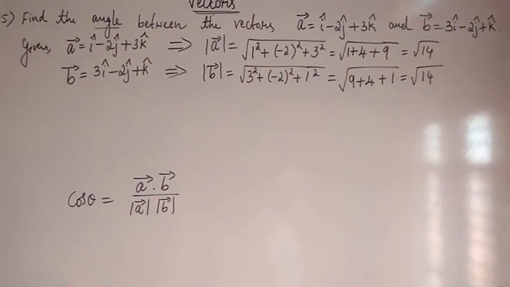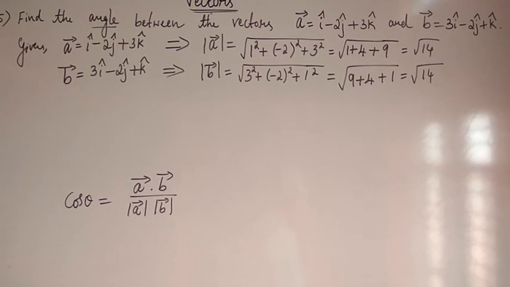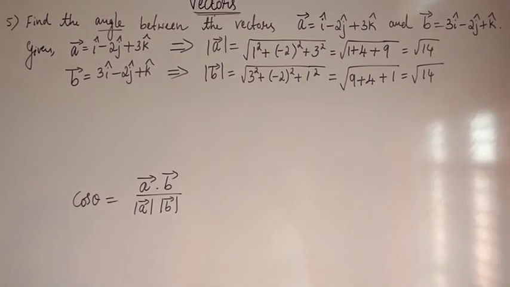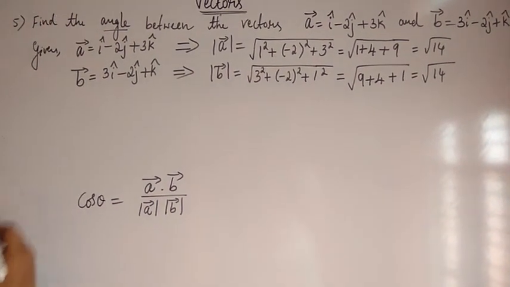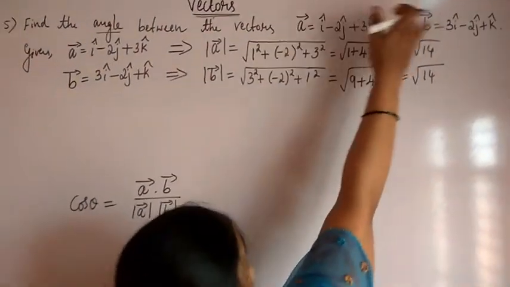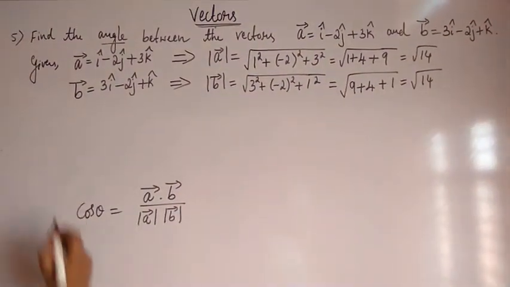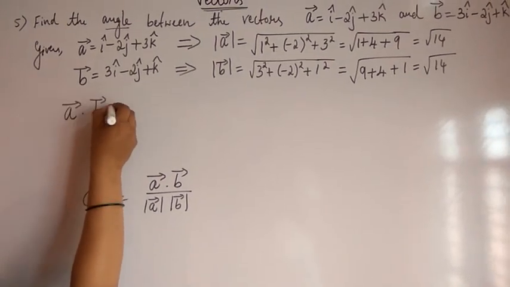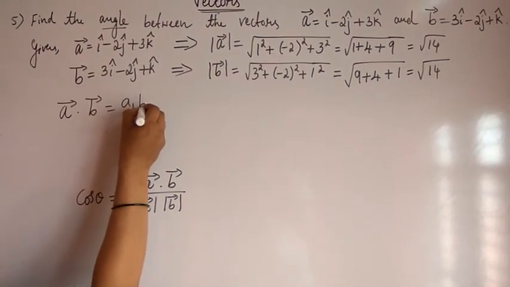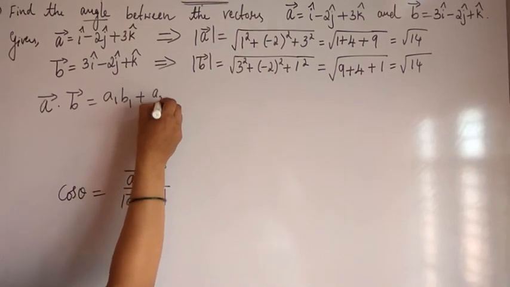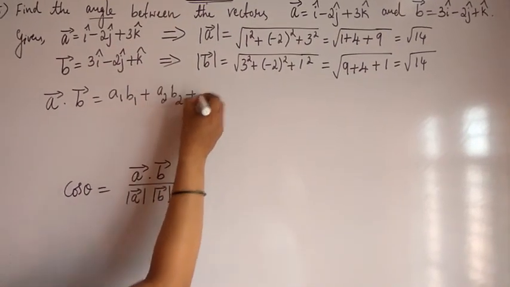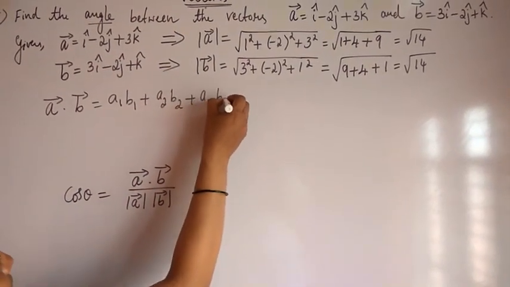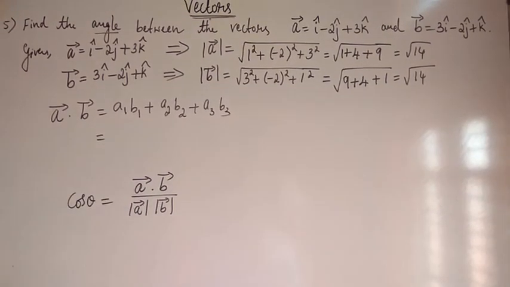Okay. So next we have to find the dot product or scalar product of the vectors. Since these two vectors are in component form, the dot product formula is A1 B1 plus A2 B2 plus A3 B3. So now substitute the values.